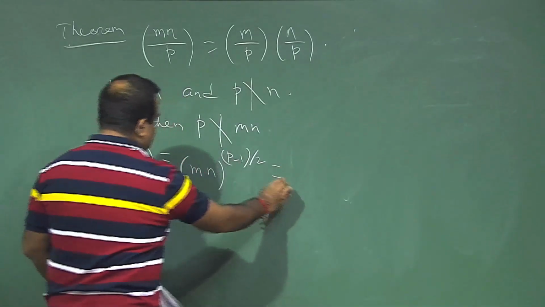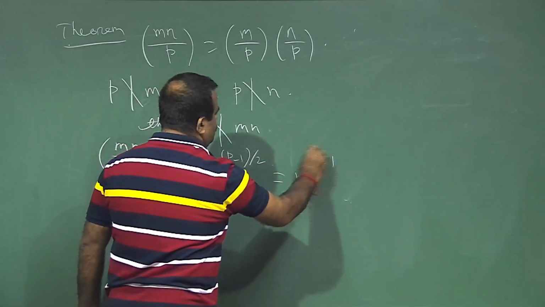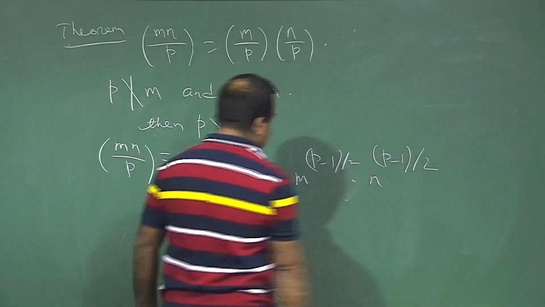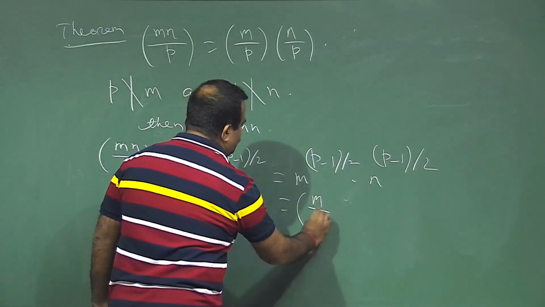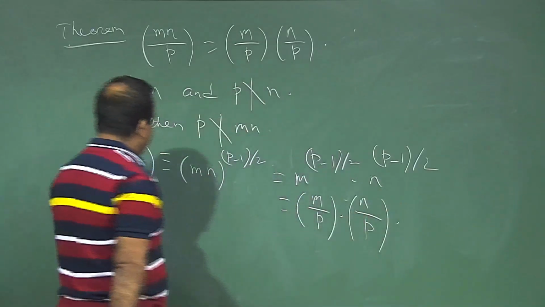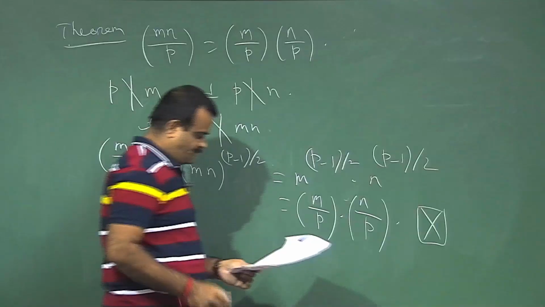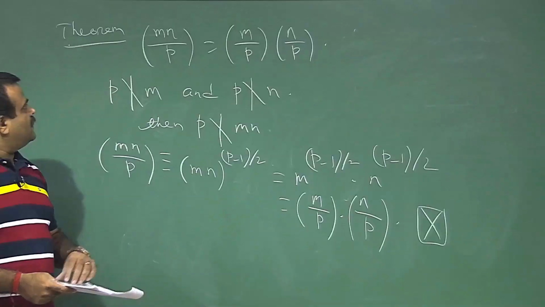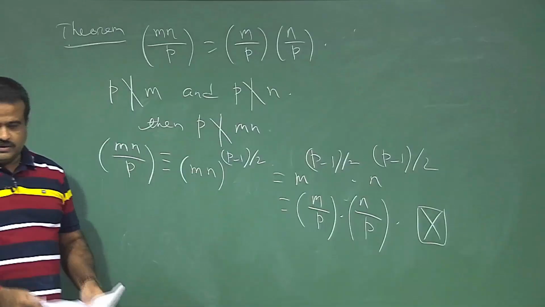This is m to the power (p minus 1)/2 into n to the power (p minus 1)/2, which is (m/p) into (n/p). So, this proves this theorem. If we have the product mn, then it is the product of the individual Legendre symbols.